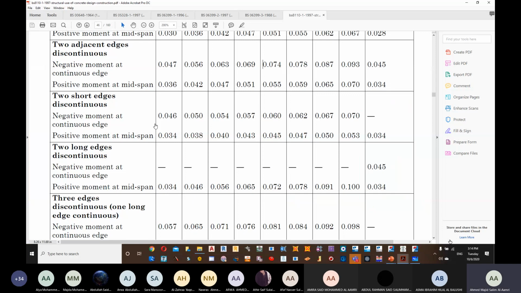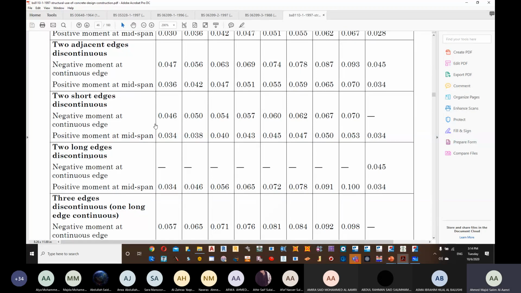You don't have another case called two adjacent edges continuous. It's only one case, so both of them are fine. They don't contradict each other. If I had two adjacent edges continuous, yes, but now there is only one case of two adjacent edges discontinuous. So both of them are the same.